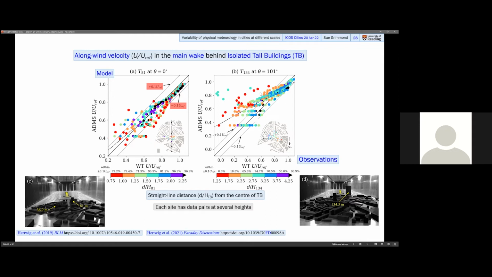Some of this work is work that we're developing now in 2 projects, the NERC ASHOR project and the EPSRC Future project. These results also have impacts for the observations that we need to be thinking about, individual tall buildings and what the impact of those are to the flows.